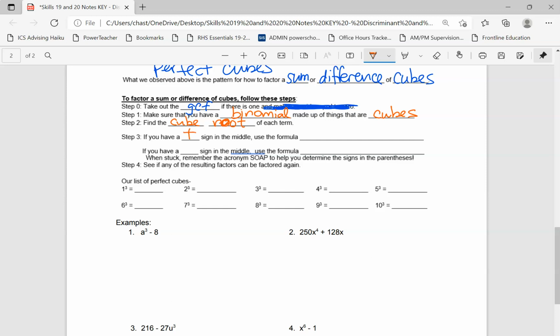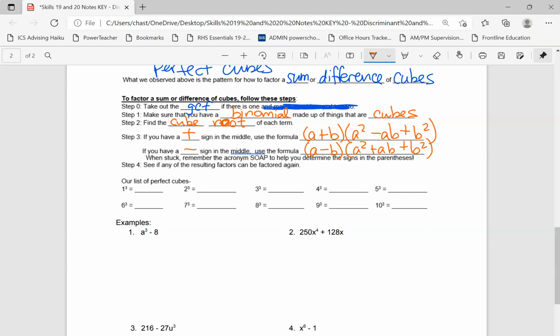If you have a plus sign in the middle, then you're going to use this formula. So a plus b, then you have a squared minus ab plus b squared. And if you have a minus sign in the middle, then you have a minus b, and then a squared plus ab plus b squared. Okay? And if ever you are stuck, I have a little acronym that will help you to remember the signs.